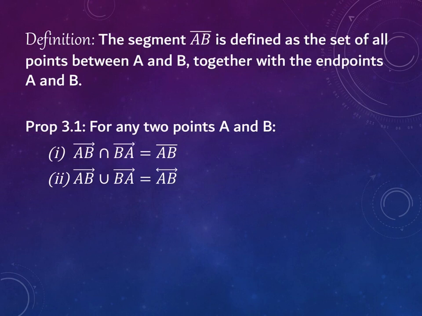As we work through some of these propositions, some of them are proved in your book, some of them I will prove in class, and some of them you will prove for homework, okay? So just because I'm not proving it doesn't mean that it couldn't be done. It just means it's going to be done in one of those other capacities. This one we're going to prove in class together, okay? And this proof is a little on the long side because there's two components to it.